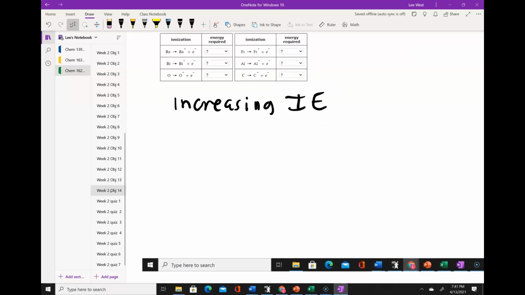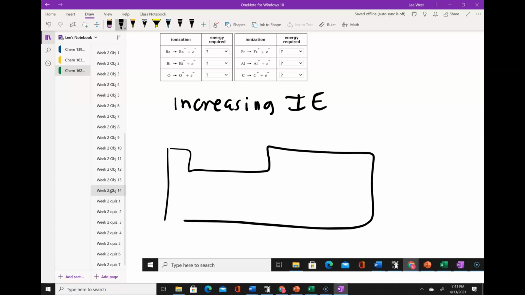So we need to know the pattern for this, right? What is the pattern? How does ionization energy vary, and this is ionization energy 1, because we're only removing 1 electron? What we know is that it increases left to right, bottom to top.